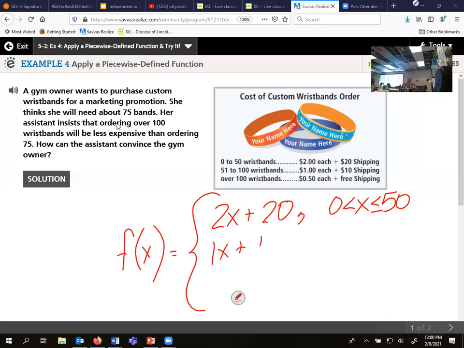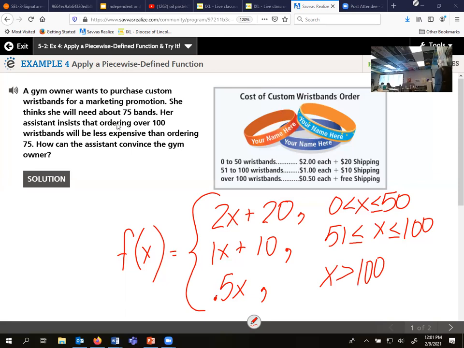And you use it when they charge this much, 0 to 50, so when x is between 0 and 50. The last rule is 50 cents plus free shipping.